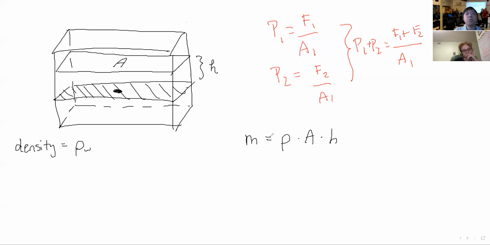Because this is the mass, and gravity acts on this entire block of water, this is equal to rho V. So what is the force exerted on the slice by the upper block of water, because of how gravity pulls down that block of water?